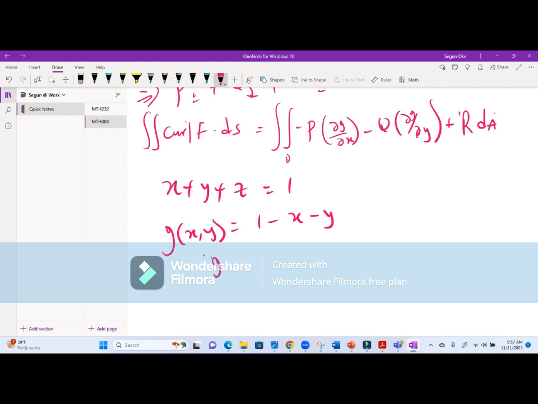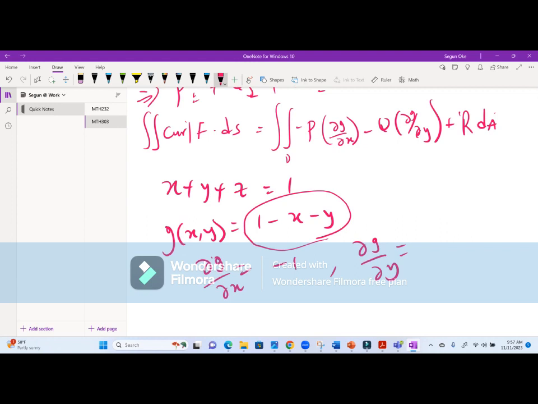The G_x is equal to what? Differentiate this with respect to X. What do you have? -1. If you differentiate the same function with respect to Y, what do I have? Anybody? What do I have? -1. Minus y.